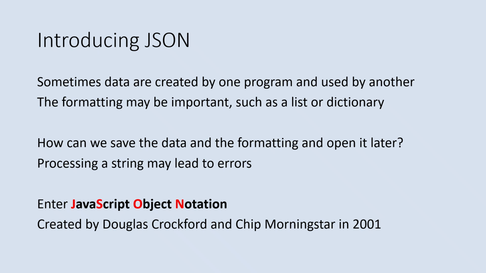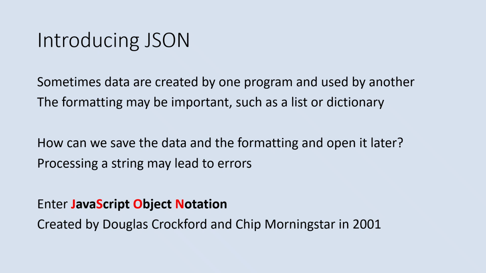By the way, this was created by Crockford and Morningstar in 2001. And they said when they created it that the name they came up with was JSON. And over the years, lots of people pronounce this as "Jay-son" because of the O sound in object.